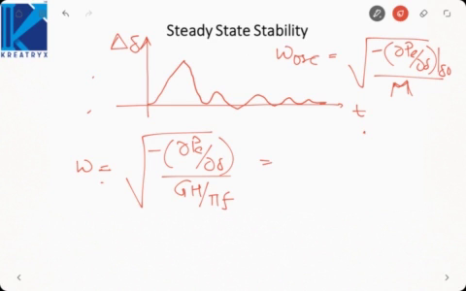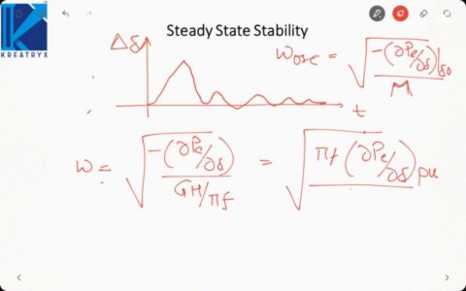Now if G is coming, we can replace it like this: ∂P/∂δ, but in pu, upon H. Earlier ∂P/∂δ had the unit megawatt per radian, but now we are expressing it in pu after dividing it by G. So this will give the frequency of oscillations when a small disturbance is applied to the system.